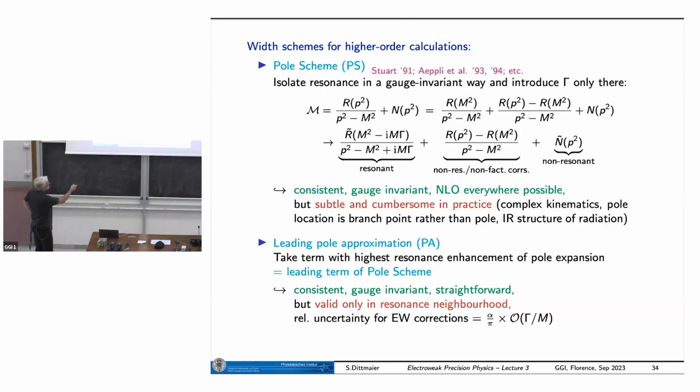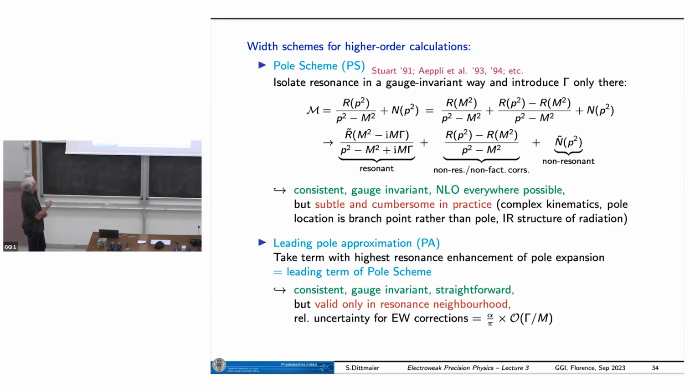And now the idea was, okay, I just include here in this gauge invariant piece this imaginary part from a Dyson summation, and I switch to the complex pole upstairs here, which is also, in a way, changing things.